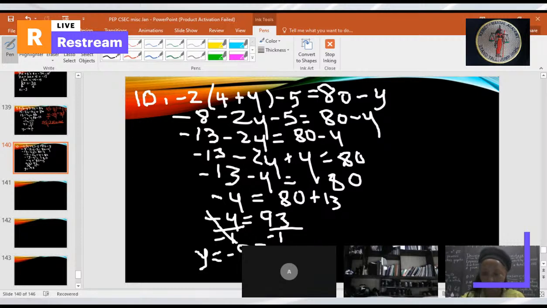Miss, 4 minus 93, that would give negative 97. No. Miss, that would give negative 89. Okay, and then we're going to multiply that by the -2.